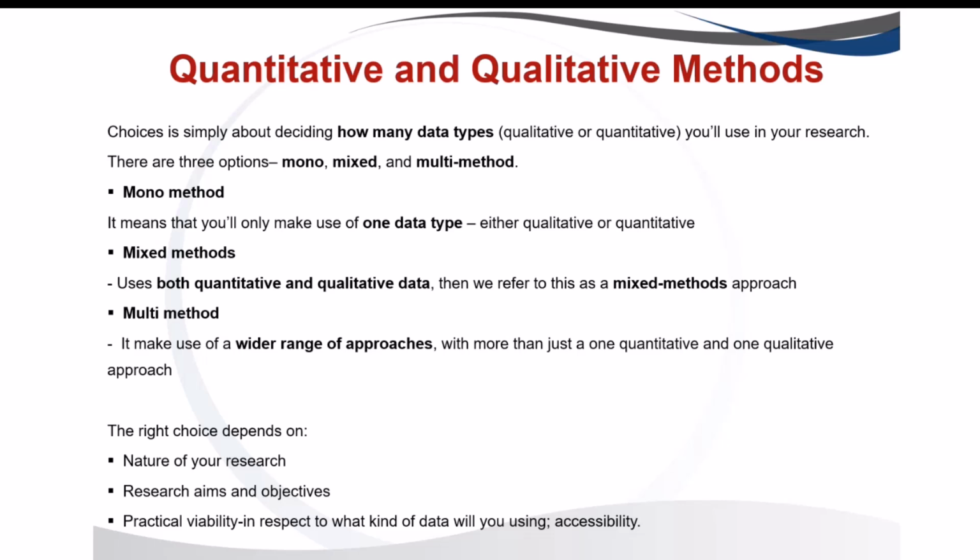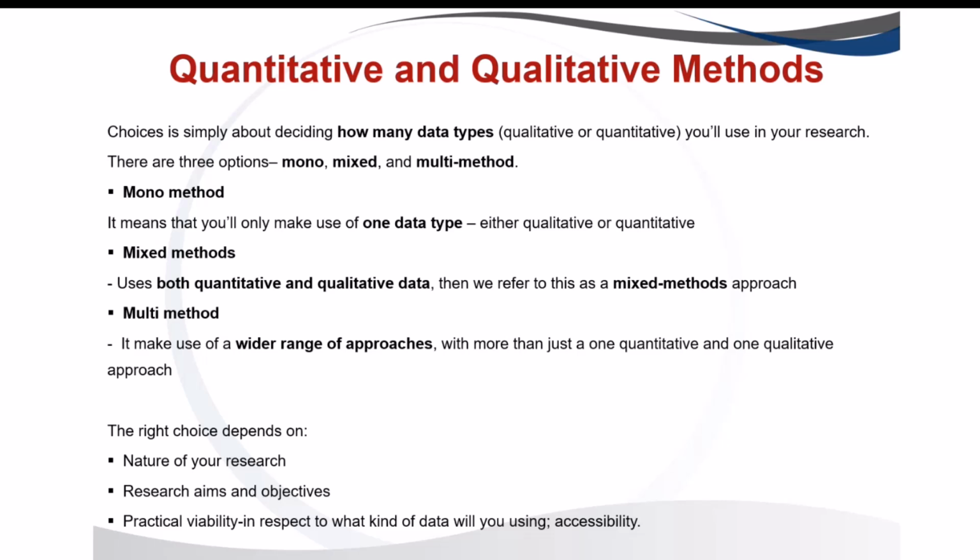Choices is simply about deciding how many data types you will use in your research. Always when you design your research, you have your title, you have your aim, your objectives, then you decide what methodology or what methods you are going to use.